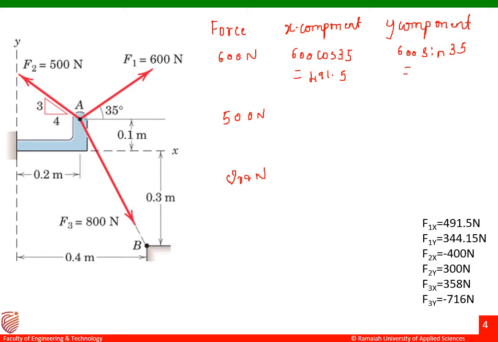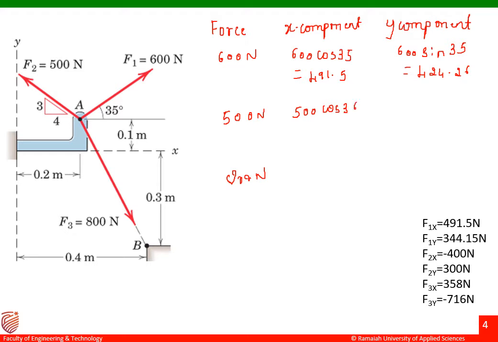Answer is 491.5. So here y component is 424.26. Coming to 500 Newton, the angle made by the force F2 with respect to the horizontal is 36.86.